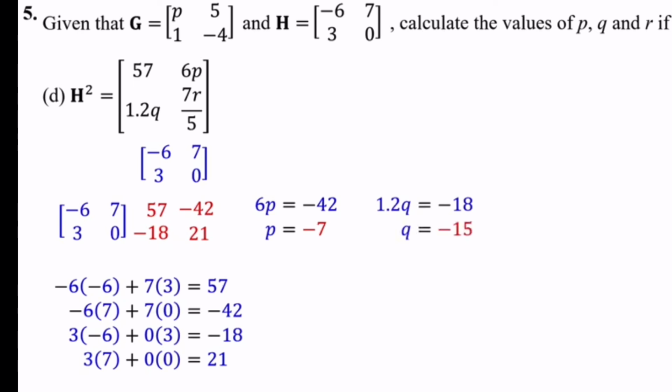So the q is negative 15. And finally, we have the answer 7r over 5 is equal to 21. So 7r is 21 times 5. Hence, 105 divided by 7 is 15. So that is the answer for r. r is equal to 15.